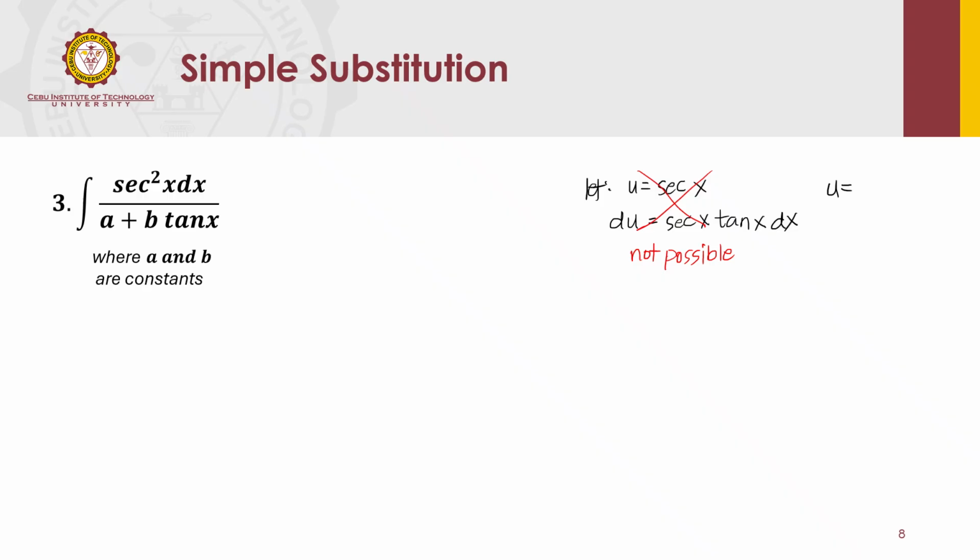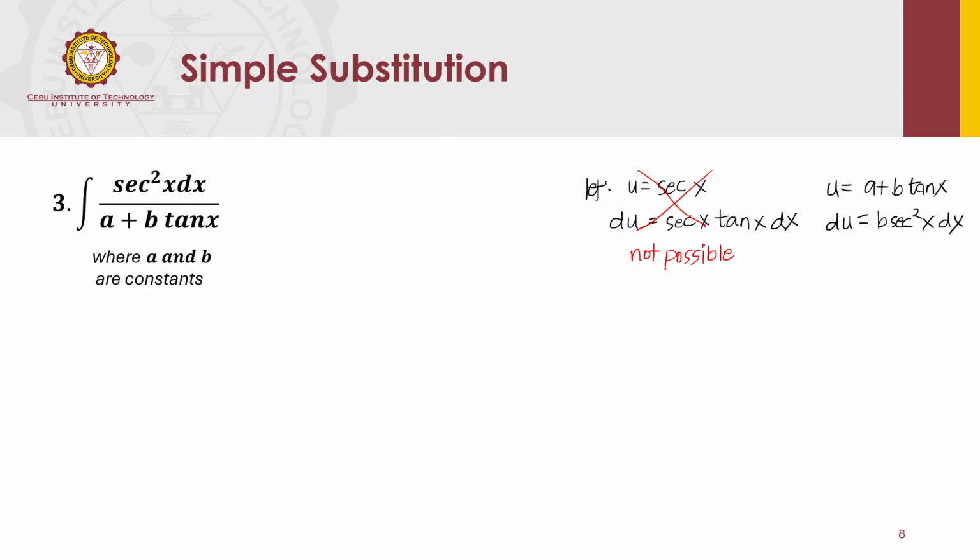So let's try, if we let a plus b tangent of x be our u, then du would be the derivative of a, which is 0, plus the derivative of b tangent x, which is b secant squared of x, and then dx.